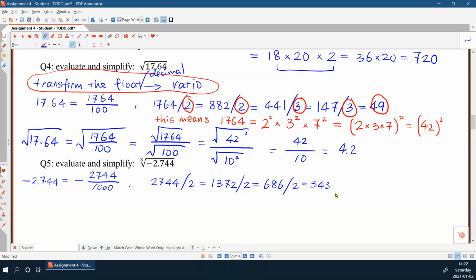Next, we can check whether this one can be divided by 5. Apparently not, because it's not ending with a 5. So the next prime number would be 7.